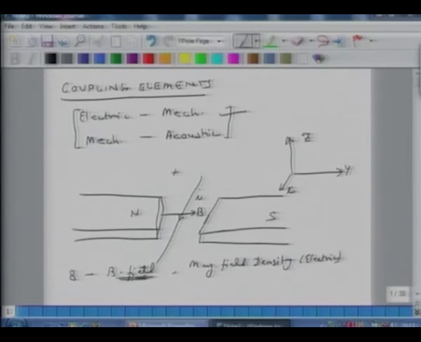There are still others who call it magnetic induction. And then there's one more name in prevalence, it's called magnetic field. So notice it's magnetic field density, but some people also call it magnetic field. And the units for this are Tesla in the SI system and Gauss in the CGS system.